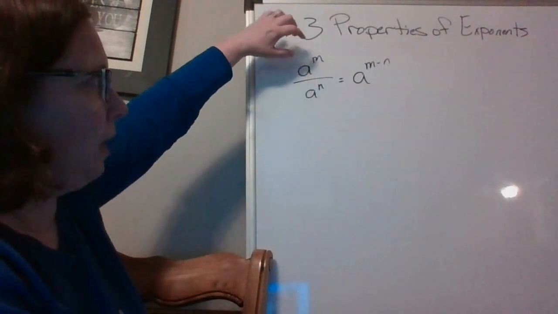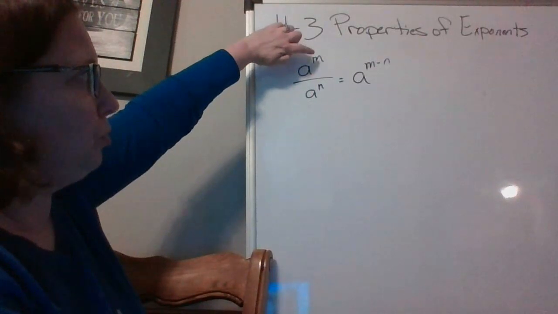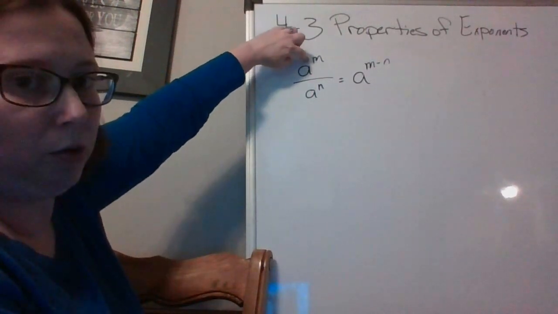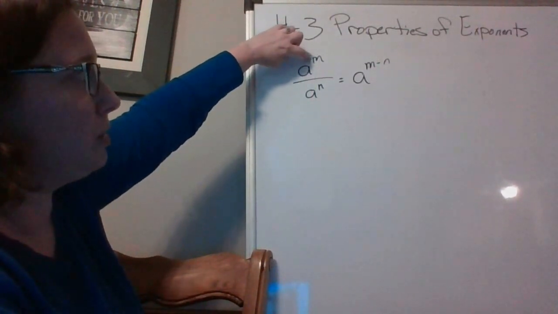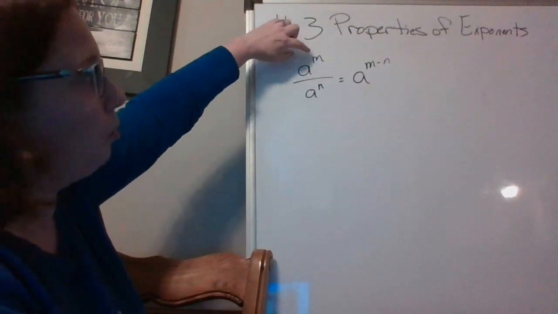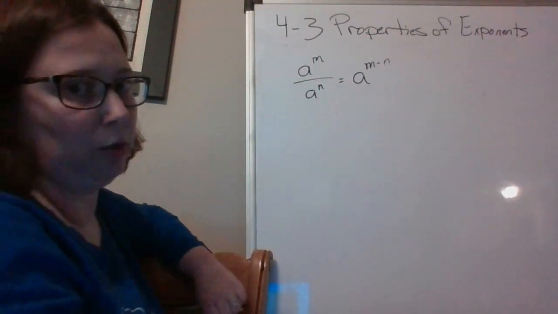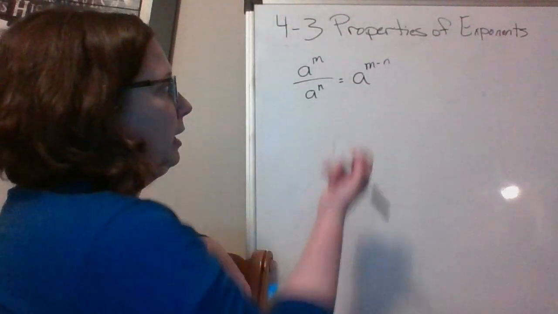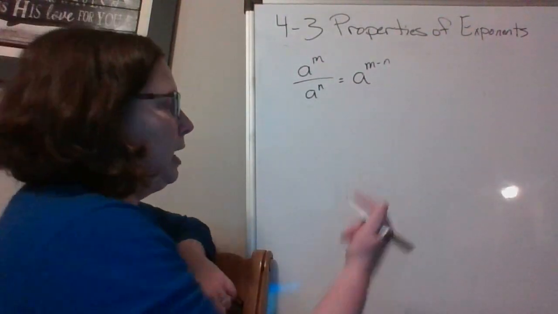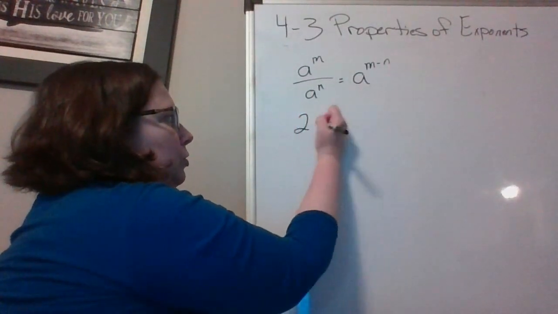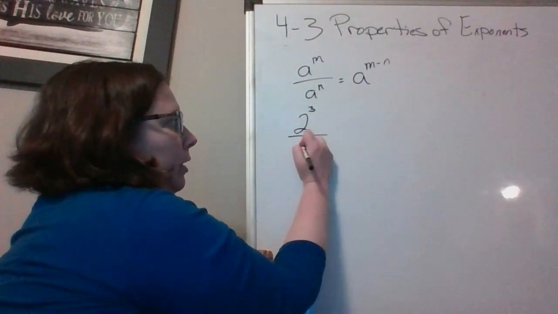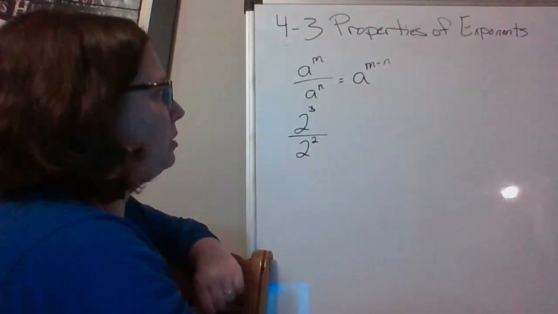So that can happen, but what you need to know about this rule is it is always the exponent that goes with your top number minus the exponent that goes with your bottom number. So we have a to the m minus n. Let me show you why that is for this case.